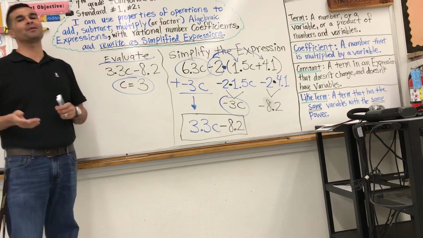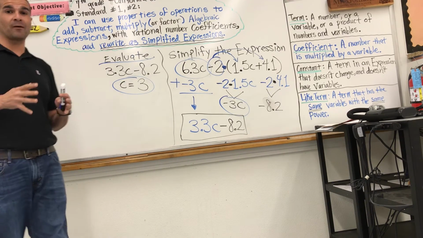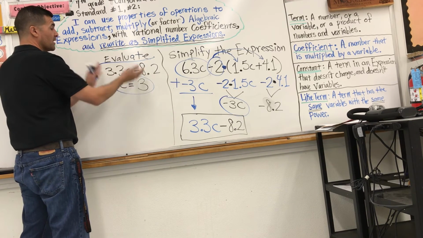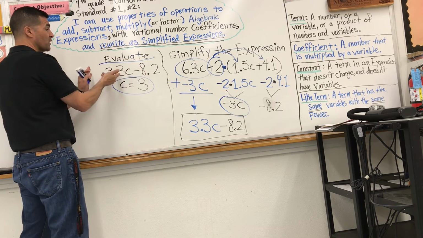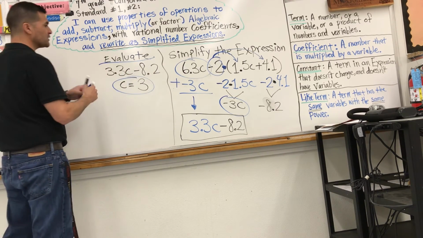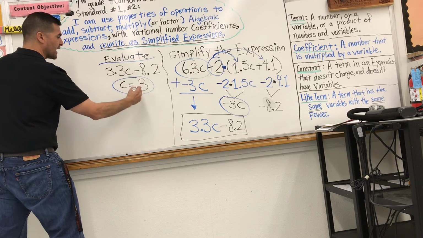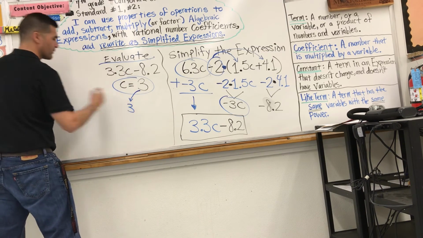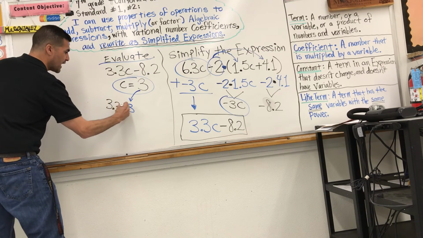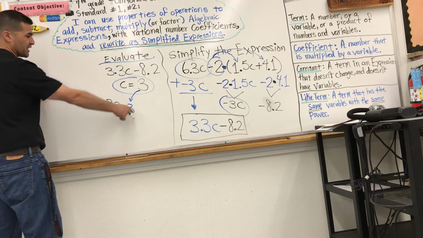Okay, so what I'm hoping you did is that you've unpaused the video now, and you're going to check to see, if c equals 3, what does the expression 3 and 3/10 times c minus 8 and 2/10 give you? Well, first thing you have to do is take the c and replace it with the number 3. Now we're going to use the coefficient 3 and 3/10. We're going to multiply 3 and 3/10 by 3.